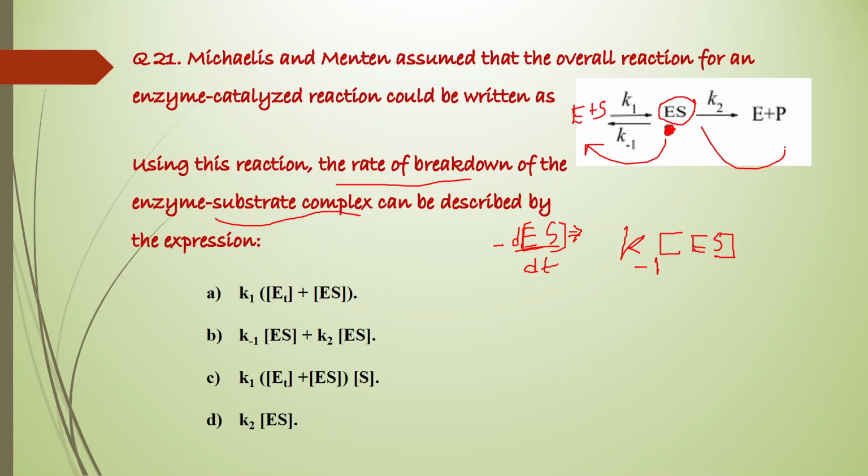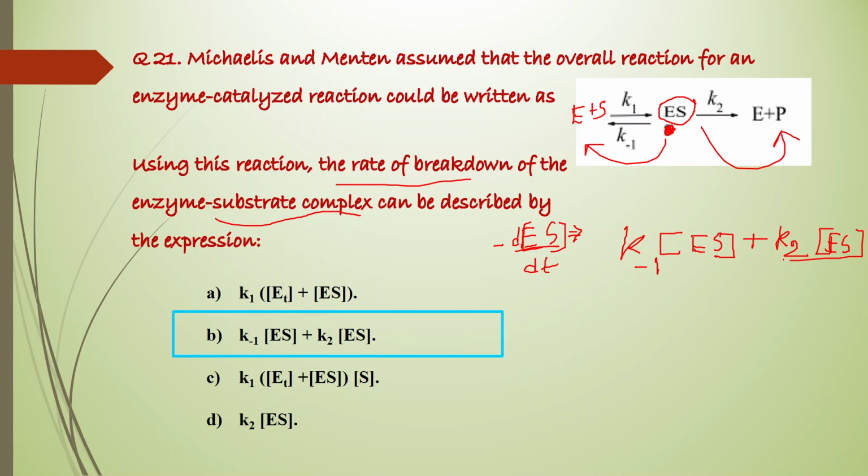Another step by which ES is breaking is this one, where it is forming E and the product, and the rate constant for this is K2. So the next one should be K2 into ES. This is another process by which it is breaking.